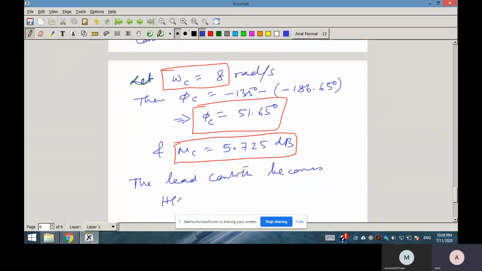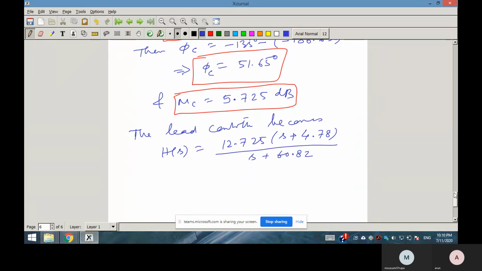So H(s) will become 12.725 into (s plus 4.78) divided by (s plus 60.82). Please check it, I suggest you check it.